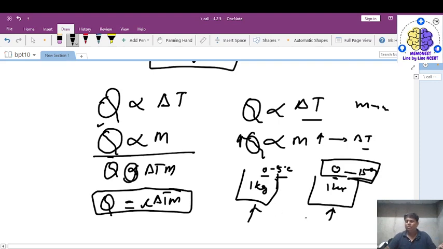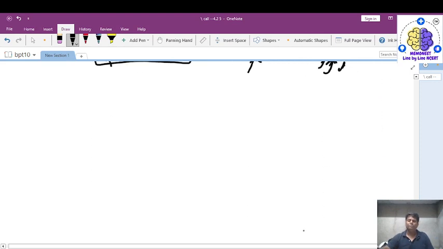Why? Because if more time is required, it means we are supplying more heat here. Therefore, if the range up to which we have to change the temperature increases, the amount of heat required will also increase.